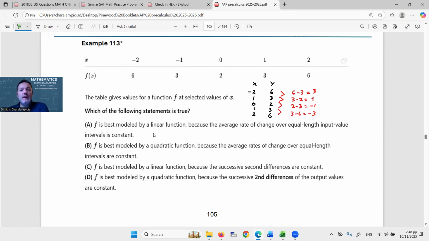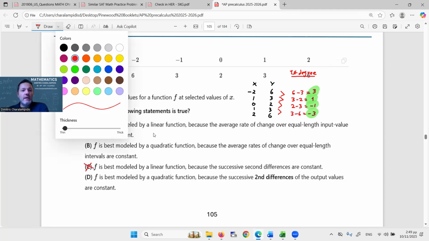So we are certain that since these numbers did not end up being the same, my polynomial is certainly not a first degree one. So it's not a linear function, which means that A and C should be rejected. Let's move on.